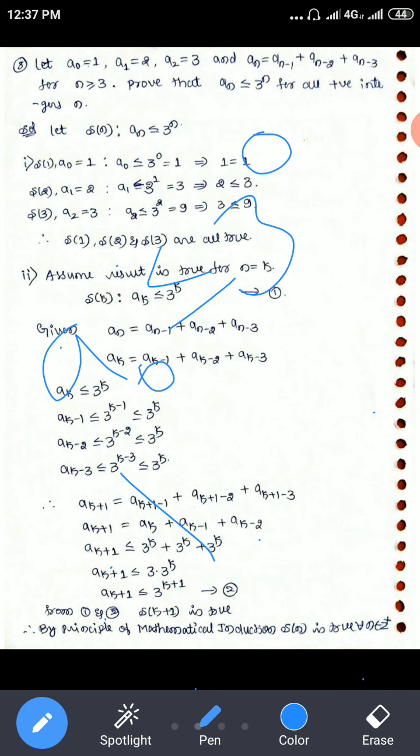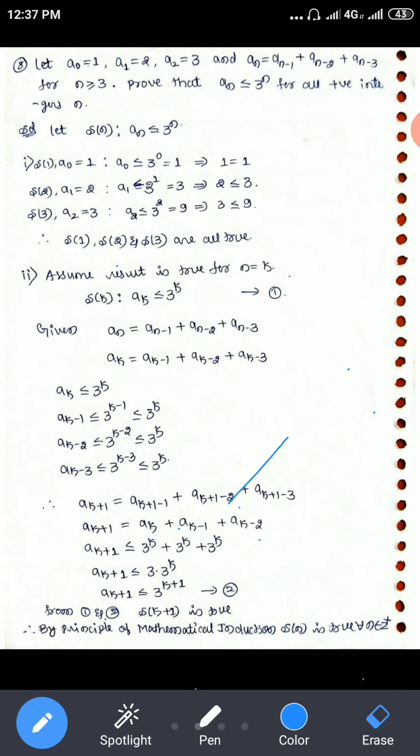Anything raised to 0 is 1. Is 1 equal to 1? Yes. Less than or equal to, either it is less than or equal to, any one condition you take. 1 is equal to 1. That's what I wrote here. So first condition I have verified.